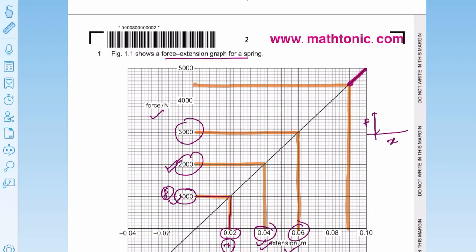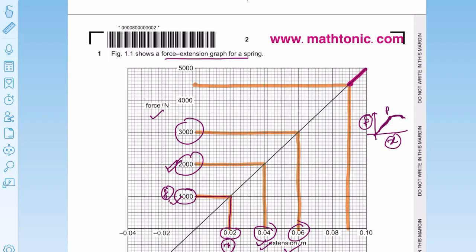If the curve looks like this, you can see this point will be known as the limit of proportionality. Why? Because up to this point, from here to here, x and F vary directly proportional. Right after P, the limit of proportionality, it doesn't vary directly proportional.